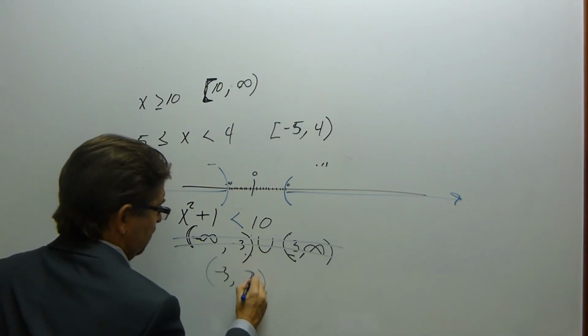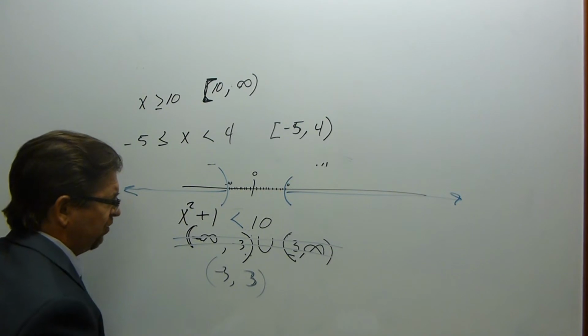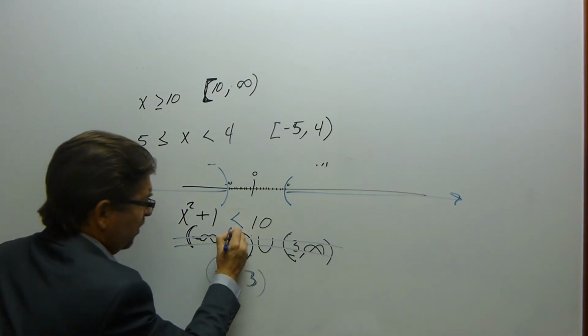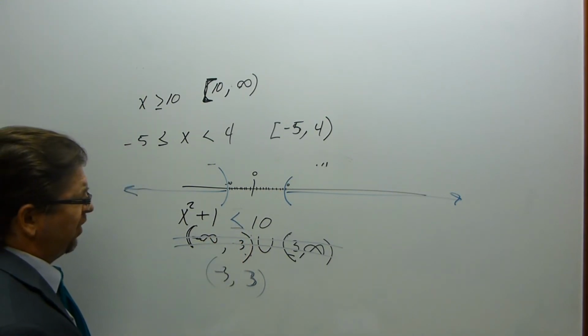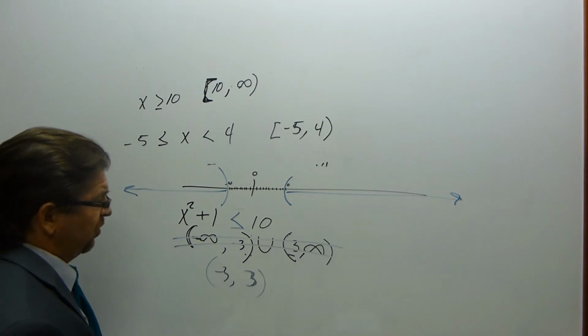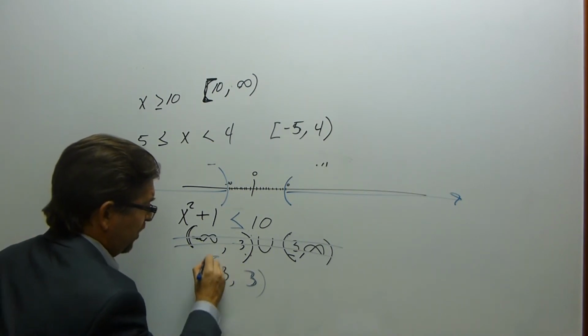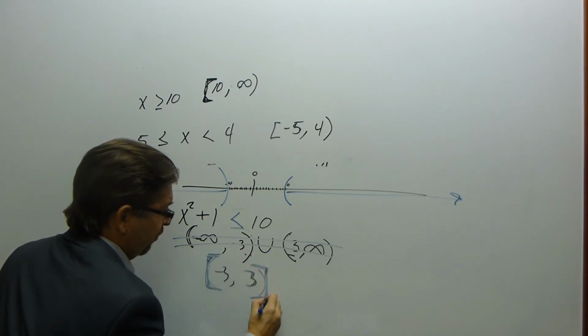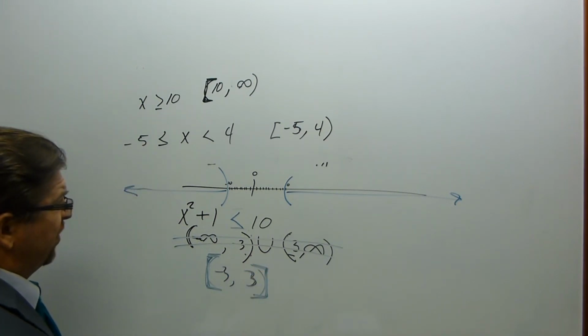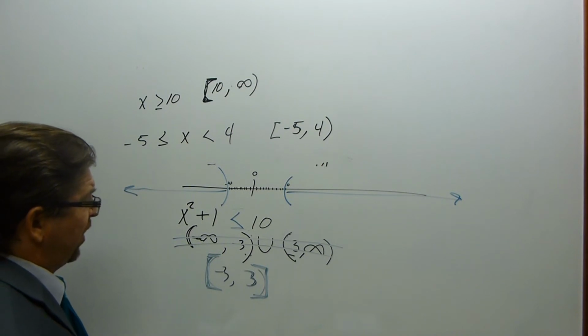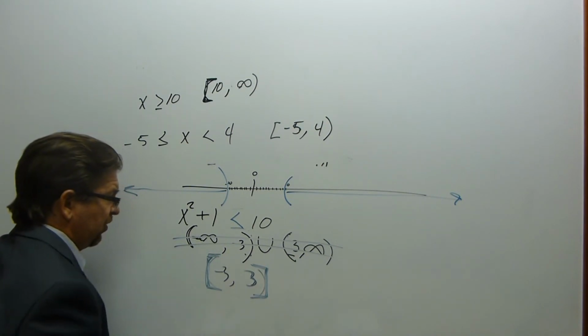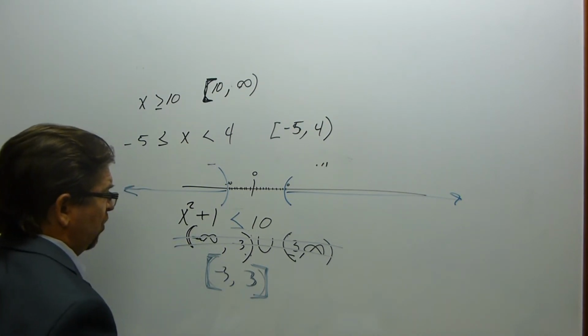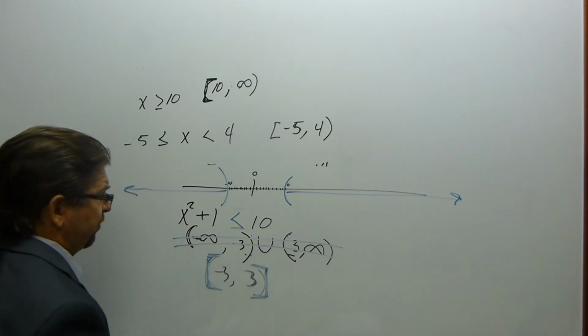So negative 3 comma 3. If I change it to less than or equal, then these would become square brackets because we're actually including the negative 3 and positive 3. In this case, I simply only have one set. It's this right here. Everything from here to here, so we don't need to use the union symbol.